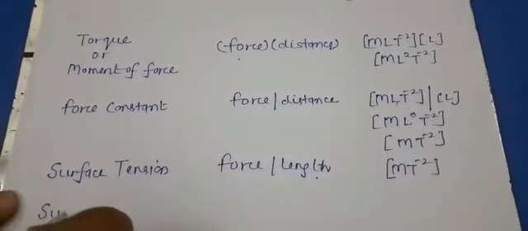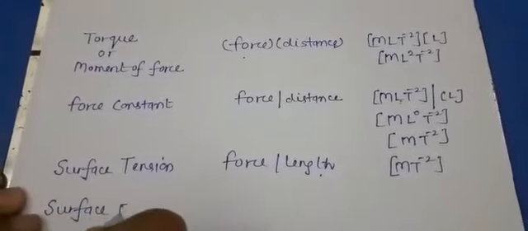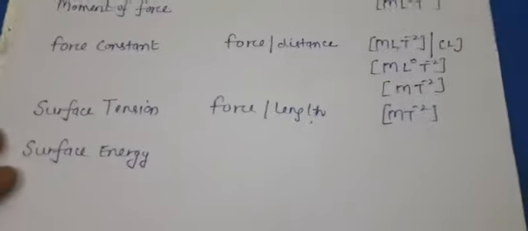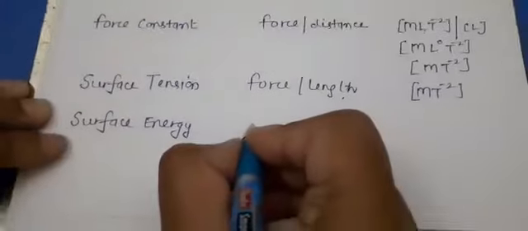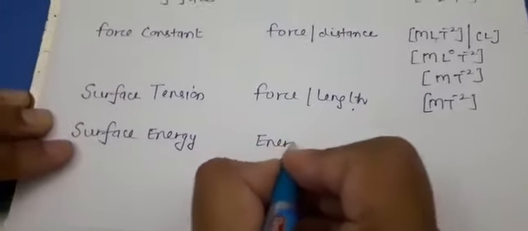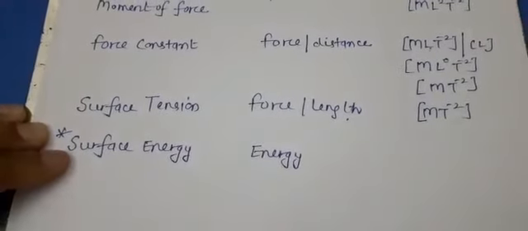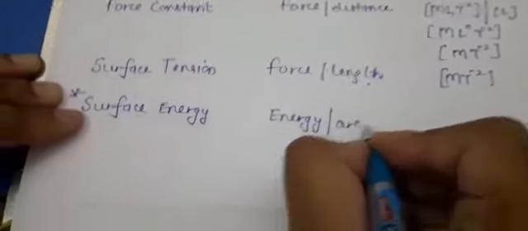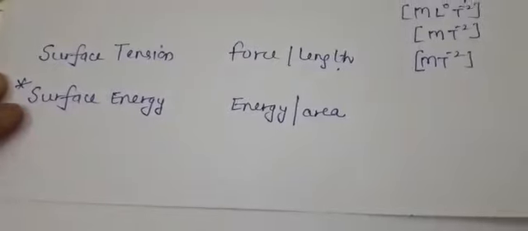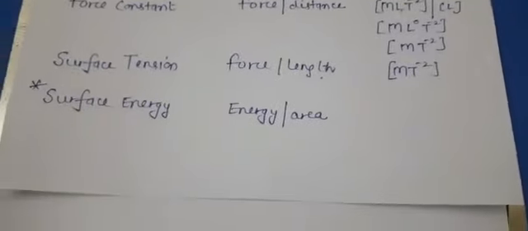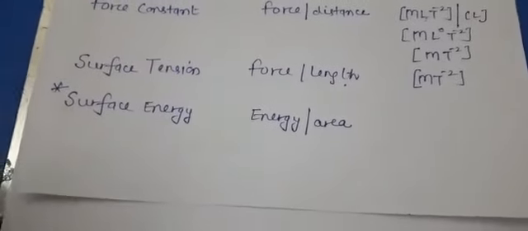Next is surface energy. Don't get confused with energy. This is an exception. Surface energy is energy per unit area. Learn this. This is also used in the properties of matter, for liquid at rest.